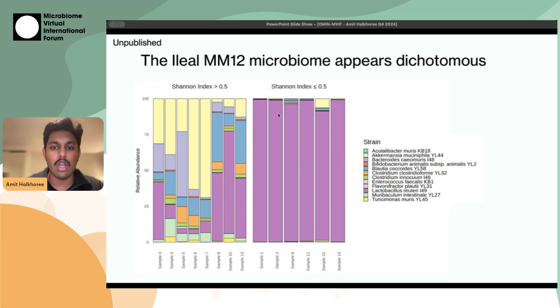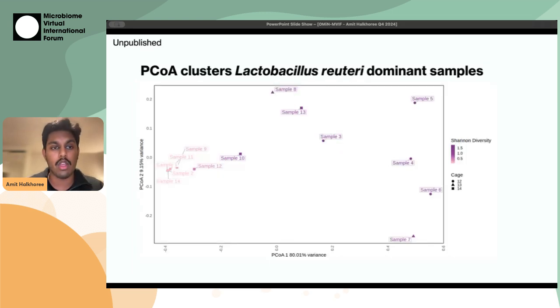One was this real domination of Lactobacillus reuteri in this low Shannon index group, and the other was this generally Akkermansia-forward phenotype in our higher Shannon index group. This is consistent across what we've seen at the Kennedy and other mouse work there, and there is some emerging evidence to say that this might be a facility-specific thing, but this is something we're just going to keep in mind moving forward.